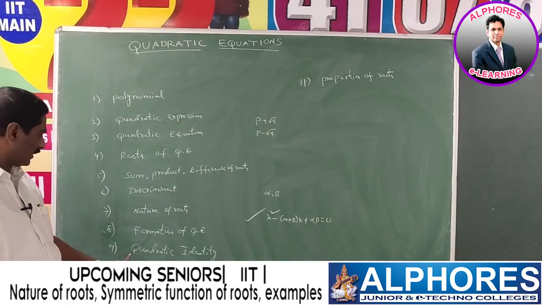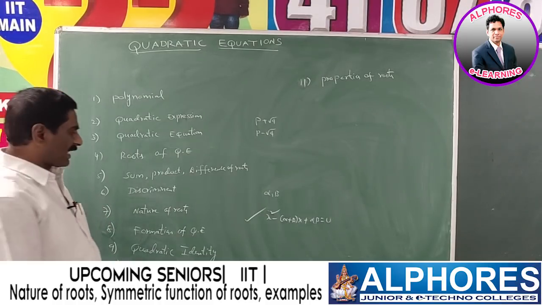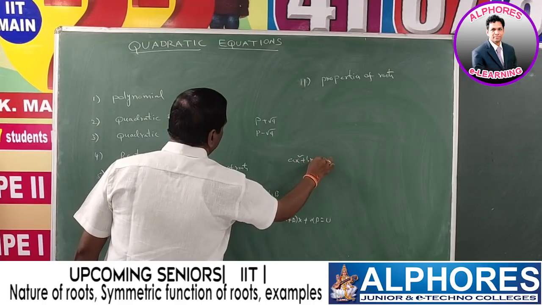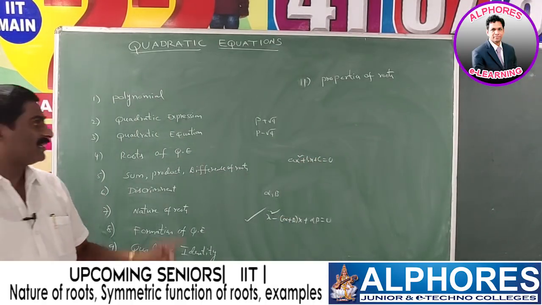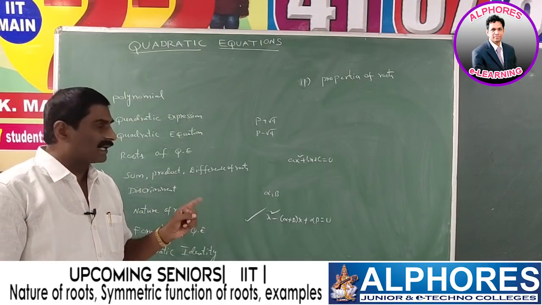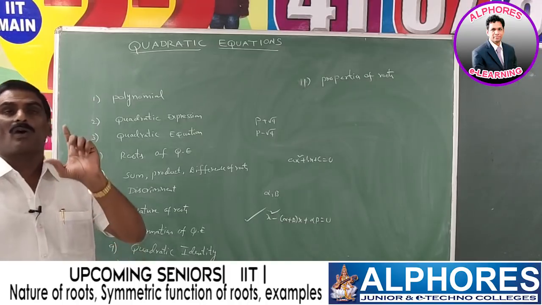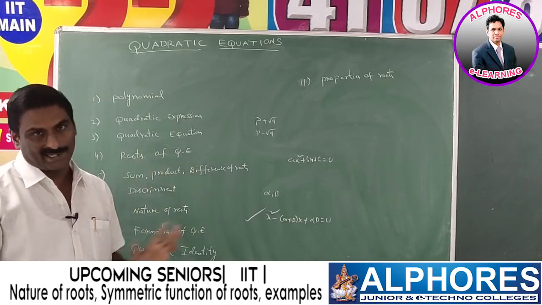Next, quadratic identity. The quadratic equation ax² + bx + c = 0 is said to be a quadratic identity when a = 0, b = 0 and c = 0. That means if the quadratic equation has more than two roots, then it is said to be a quadratic identity.